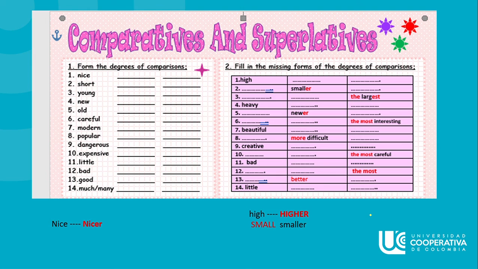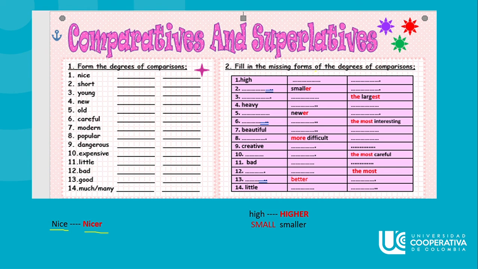Now, let's work in this exercise, okay? You are going to have a short time to look at the list of adjectives, and you are going to become them into comparisons, okay? In exercise number 1, follow the example. In here we have nice, nicer. Exercise number 2, we are going to complete them, okay?